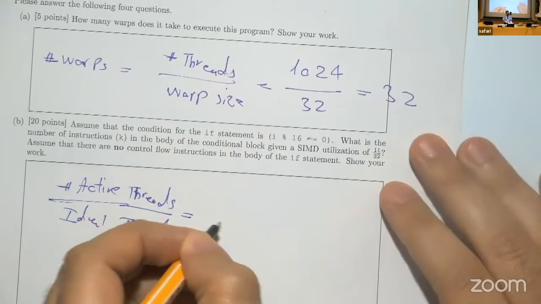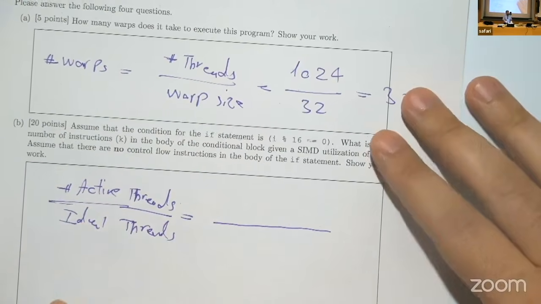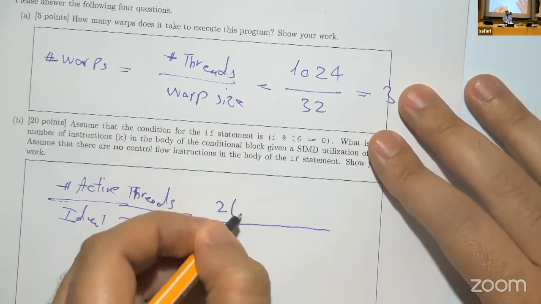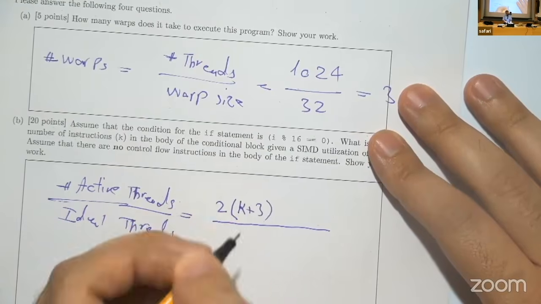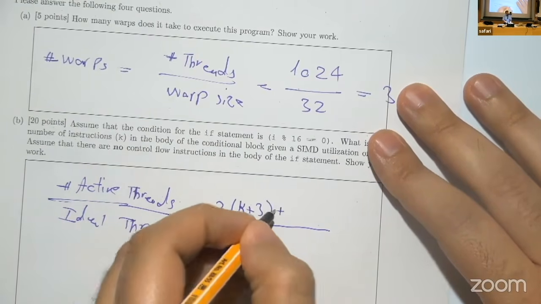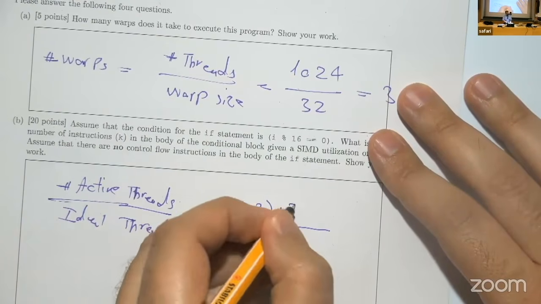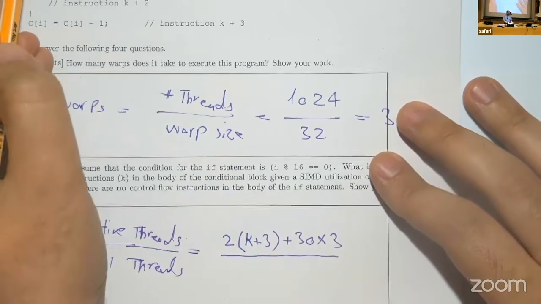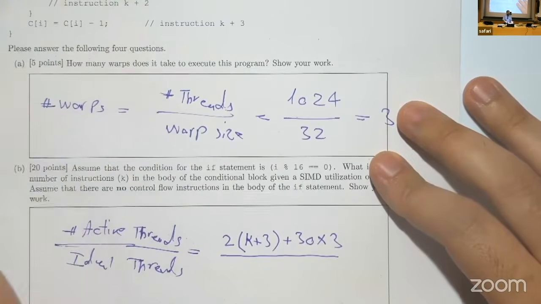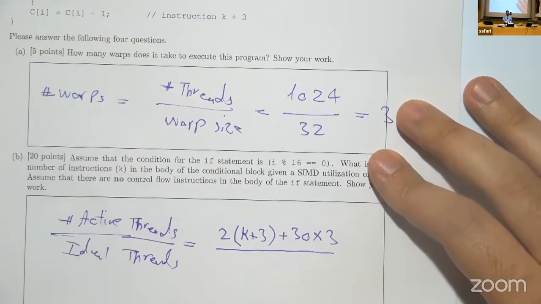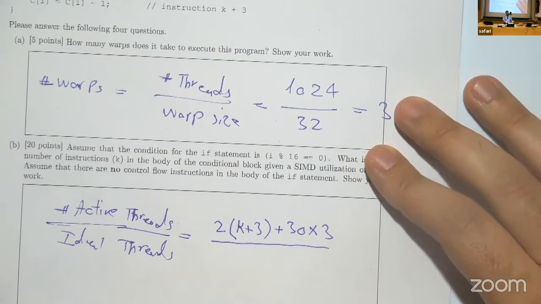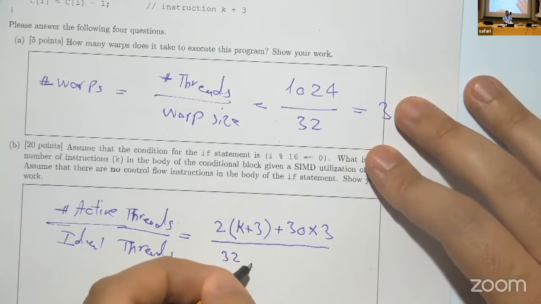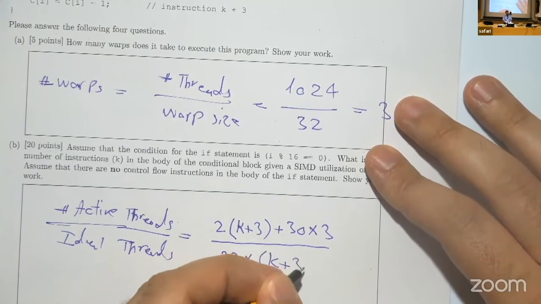So in every warp, two threads execute k plus 3 instructions. The rest of the threads in every warp, which is 30, execute only 3 instructions: the if instruction, and this last instruction. And the ideal case is that all 32 threads execute k plus 3 instructions.